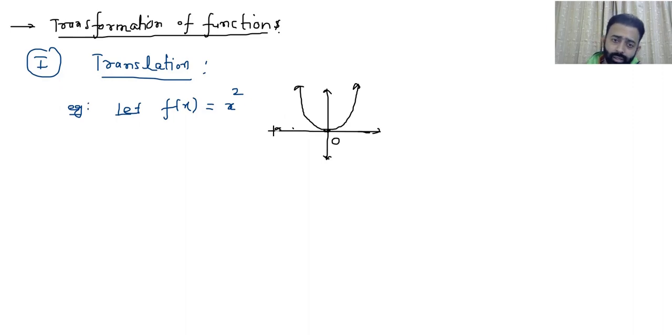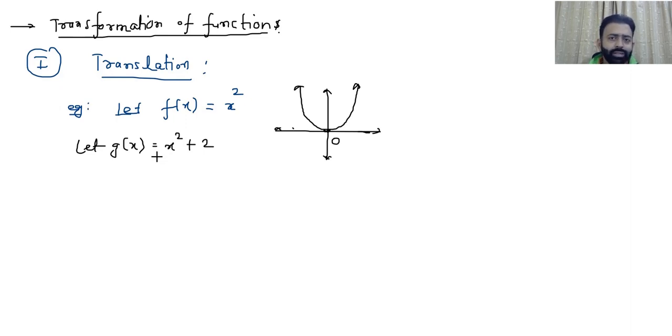Let us say I modify the definition of the function: g(x) is defined as x squared plus 2. As you can see, there is a plus 2 in the definition of the function. What this plus 2 does is add 2 to each output corresponding to each x input.